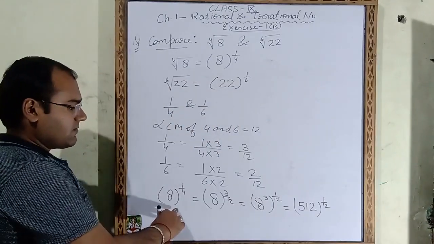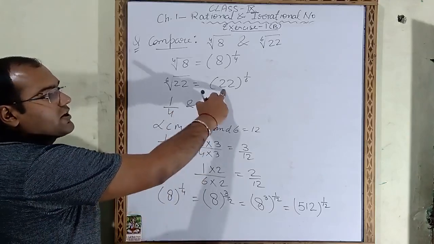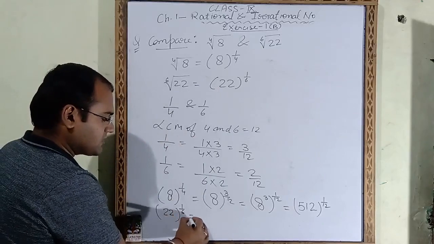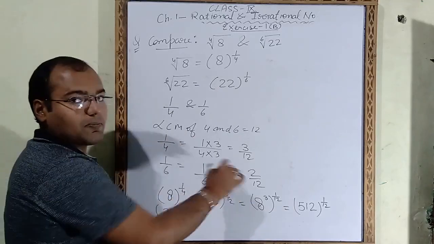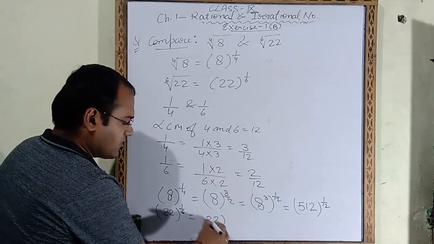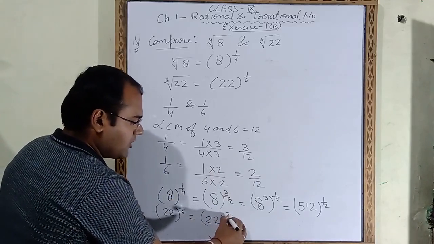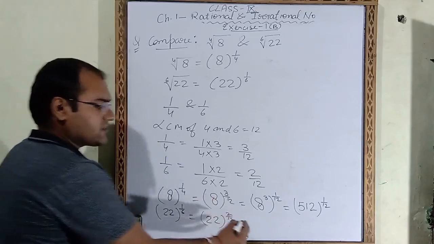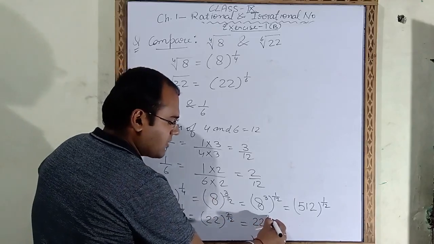In the same way we have to do for 22 also. 22 power 1 upon 6. This 1 upon 6 is equal to 2 upon 12. So what will we do? Instead of 1 upon 6 we will take 2 upon 12. This 2 we will take inside, that means 22 power 2.